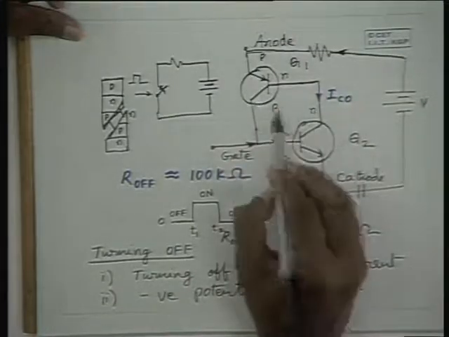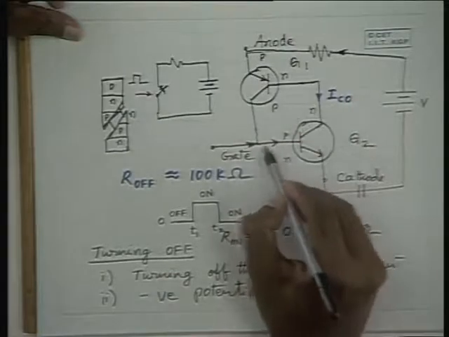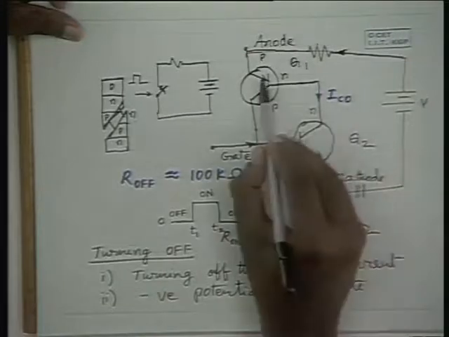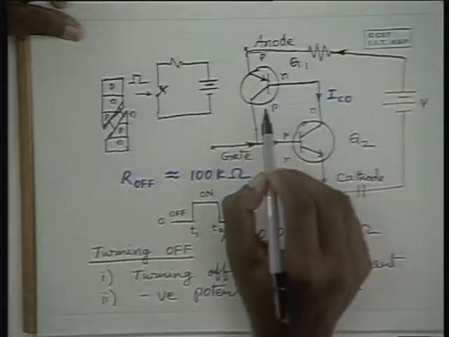The moment it is broken, there is no collector current, therefore there is no base current here, therefore there is no collector current except for IC naught, and that is not sufficient to turn on this Q1.